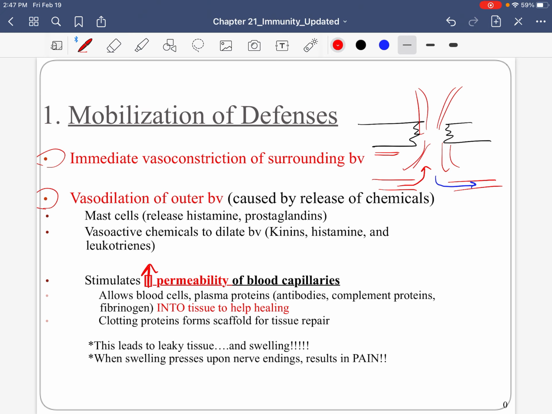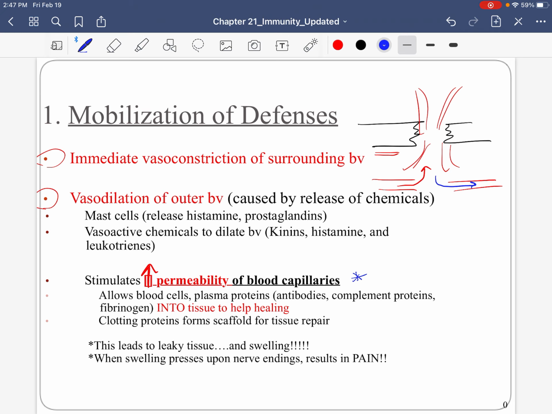When this process is happening, the initial response, you can just see here, I made a point here. The permeability of our capillaries increases. This allows us to bring in more supplies. And this goes back to what was mentioned on a previous slide, a leaky tissue, which actually leads to more swelling, but initially it's to bring in more supplies.